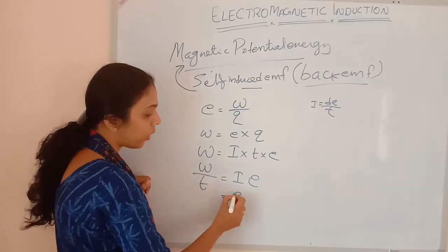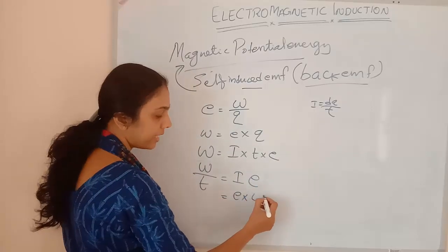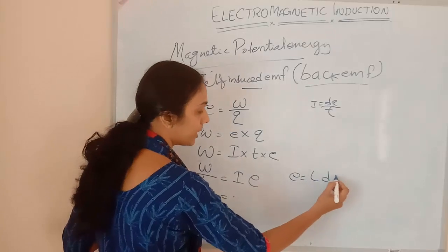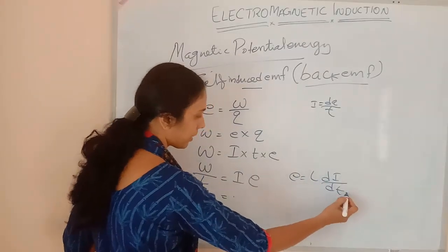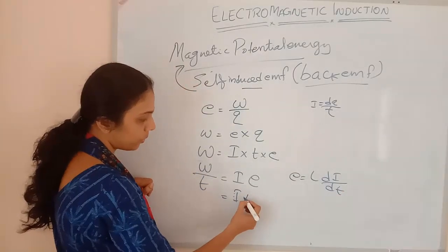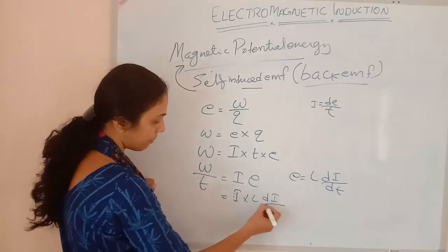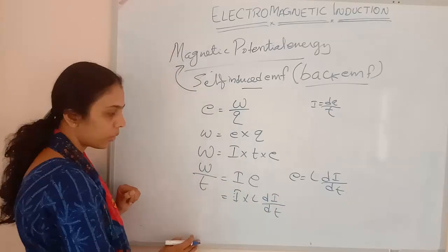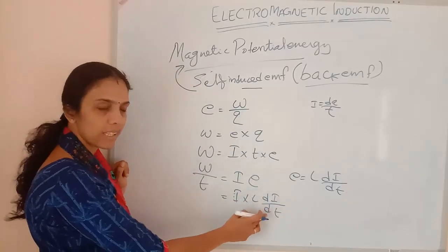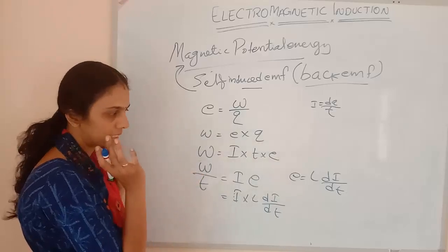Okay, but E we already got as L into di by dt, isn't it? So here we can write it as I into L into di by dt. This is for a small interval of time dt, isn't it?